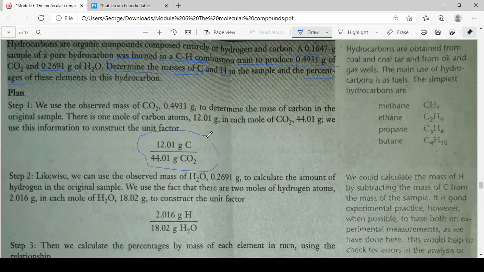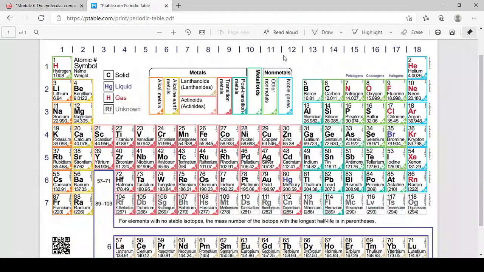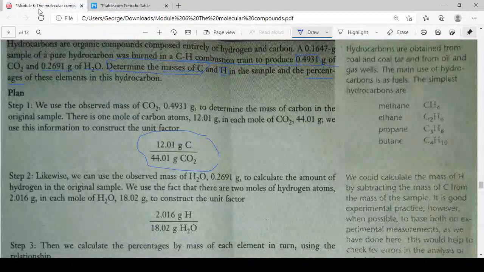Kids, where do we get the 12.01 and 44.01? To make it simple, for carbon, the atomic mass unit can be found in our periodic table of elements. So carbon has an atomic mass unit of 12.01. Next, carbon dioxide is the molar mass, shown below as the unit factor. It is the molar mass or molecular weight.